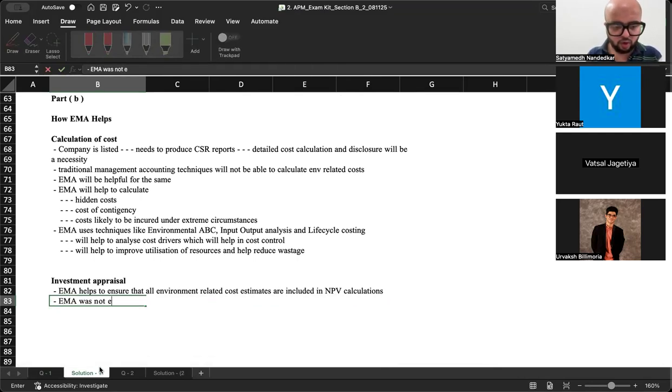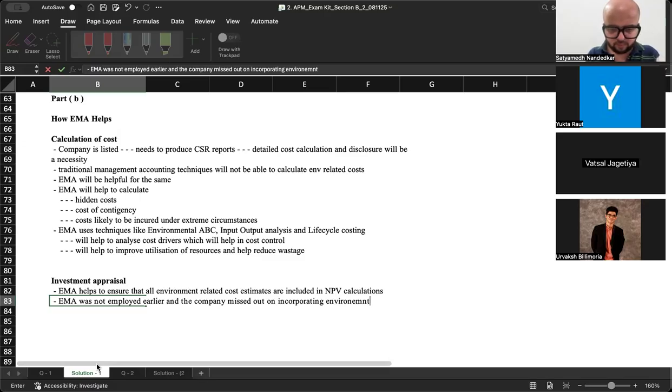EMA was not employed earlier and the company missed out on incorporating environment related and other decommissioning costs into the NPV working.